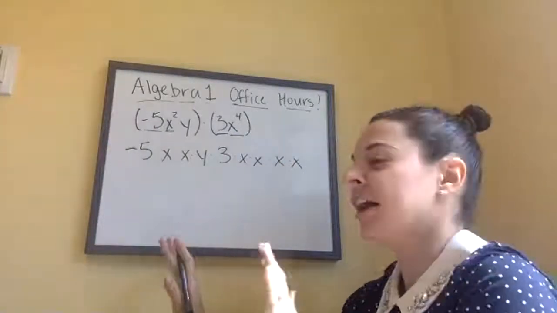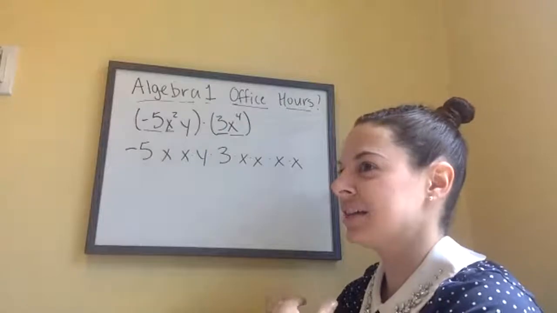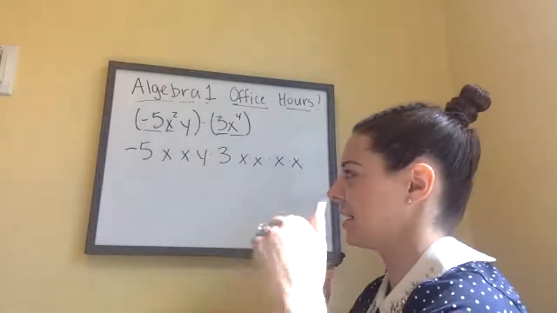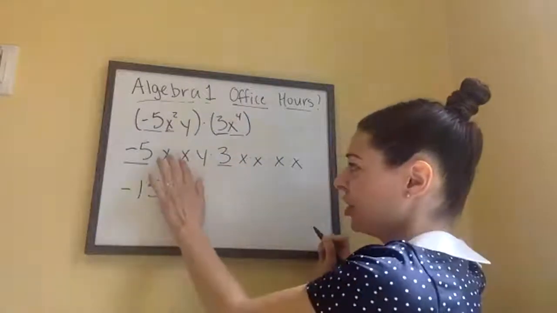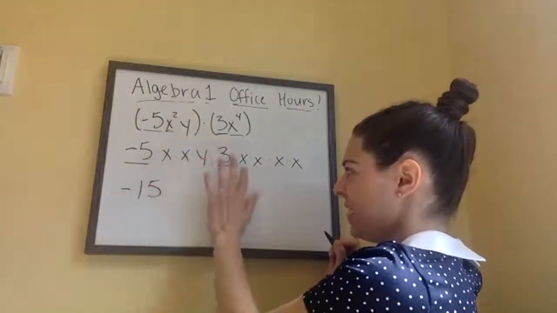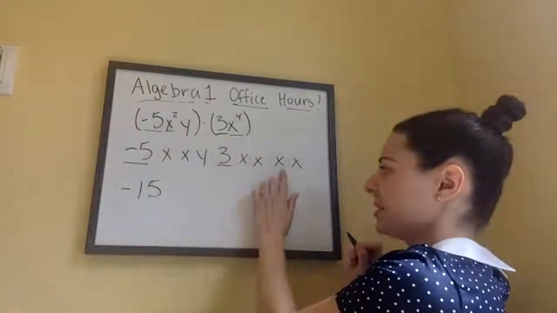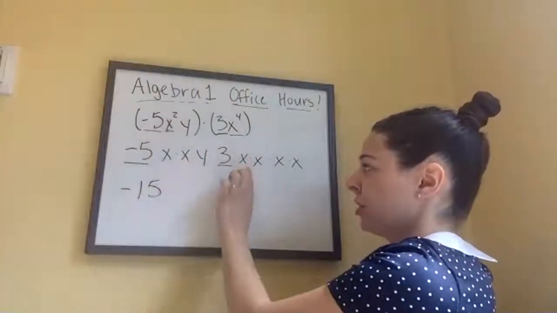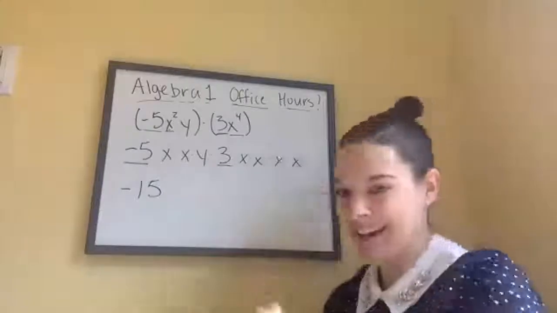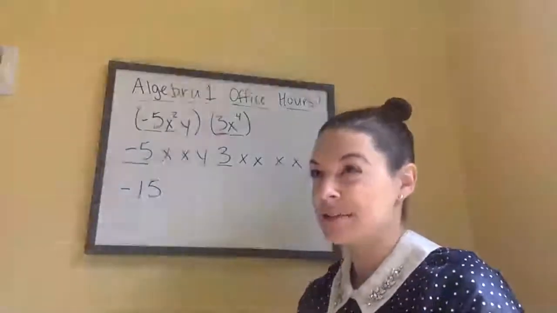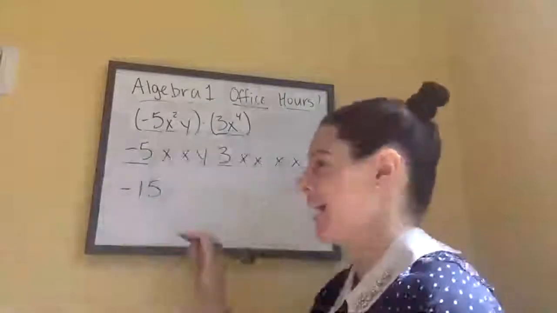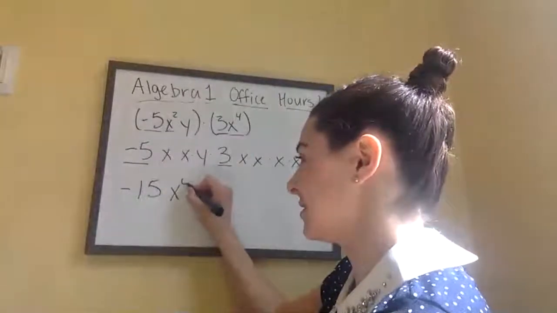From here, you can multiply and combine things so that you have just one little x and one little y. I notice that there's x times x times x times x times x times x. If you count, that's 1, 2, 3, 4, 5, 6 x's being multiplied together. Because there are 6 x's being multiplied together, I can re-represent that as x to the 6th.